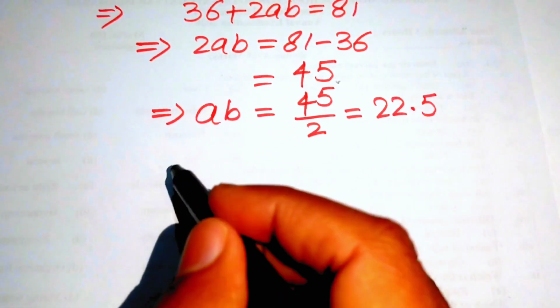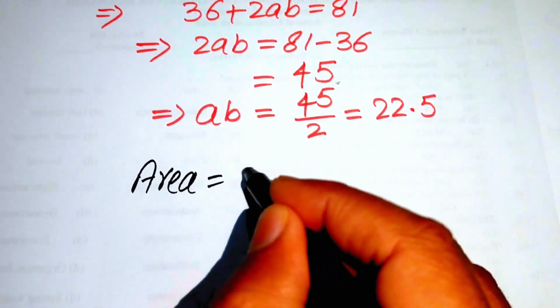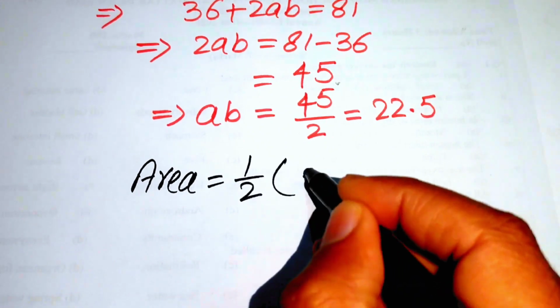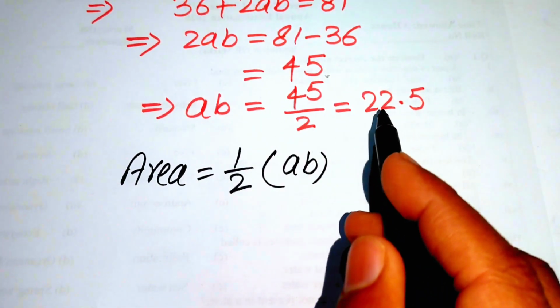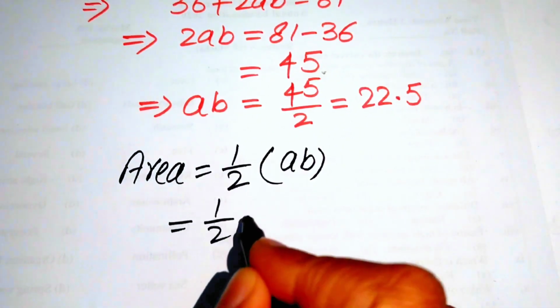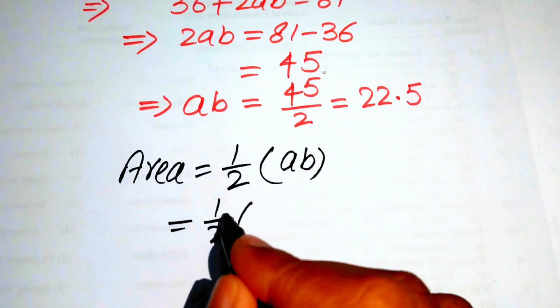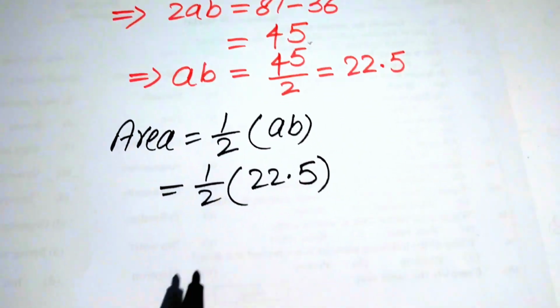Area of the given triangle equals 1 over 2 times ab, and here we have the value of ab is 22.5. Now we substitute the value of ab, so it becomes 1 over 2 times 22.5.